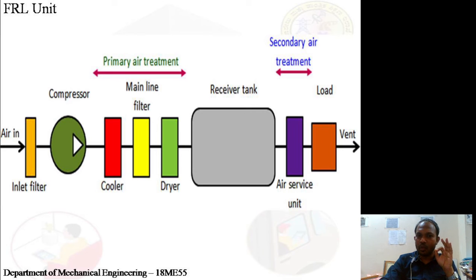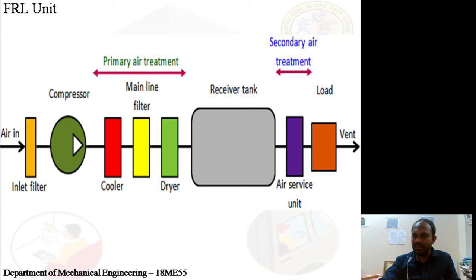Now this cooler, filter and dryer is called the primary treatment. It is cooling and filtering, that means it is cool, clean and dry. Cool, clean and dry, that is CCD, air will enter into the receiver tank.